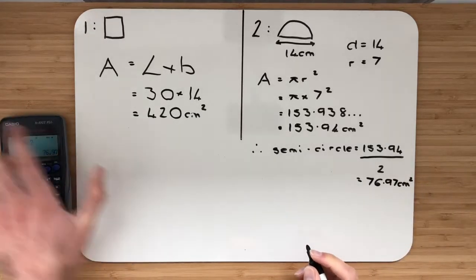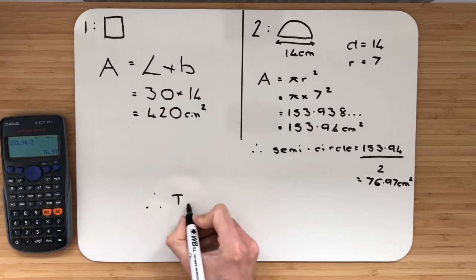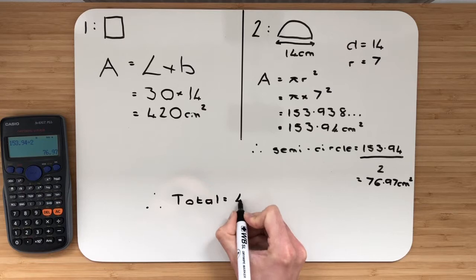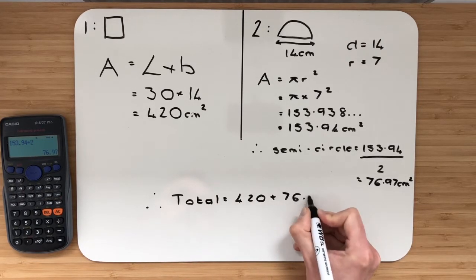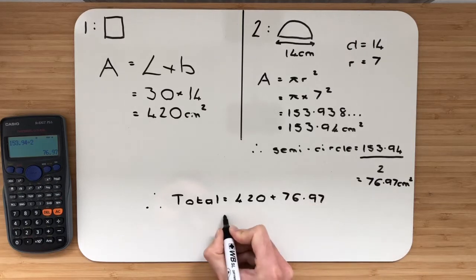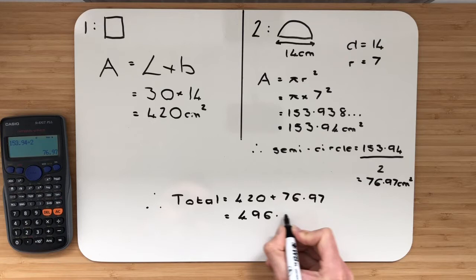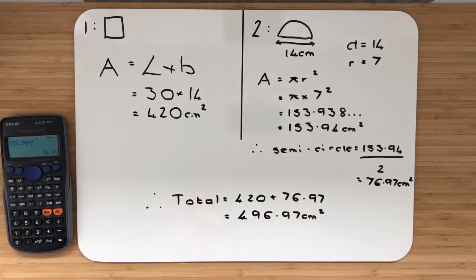Now that I have the area of shape 1 and shape 2, therefore total is 420, adding 76.97. So my final answer is 496.97, and it will be square centimetres.